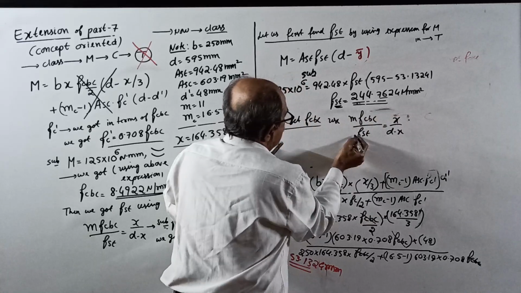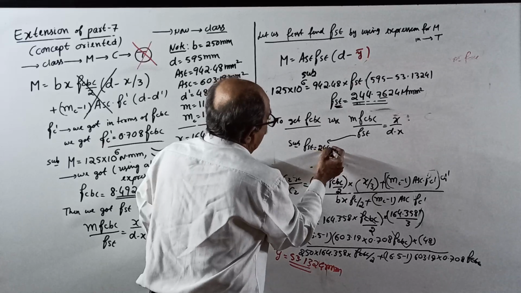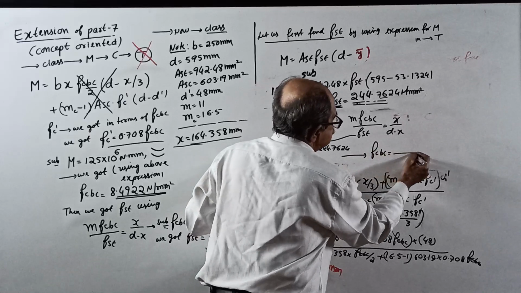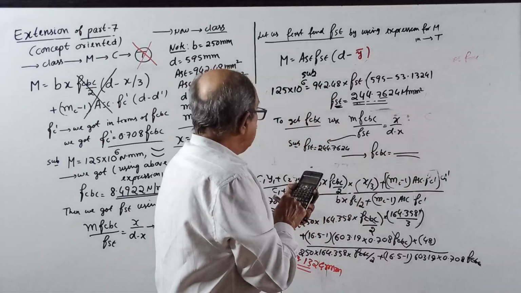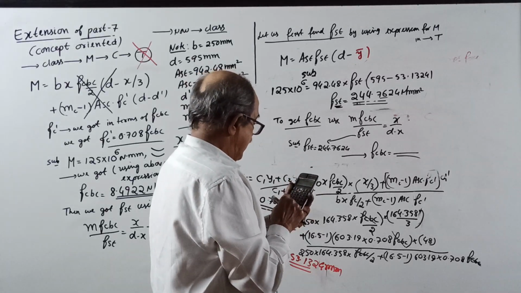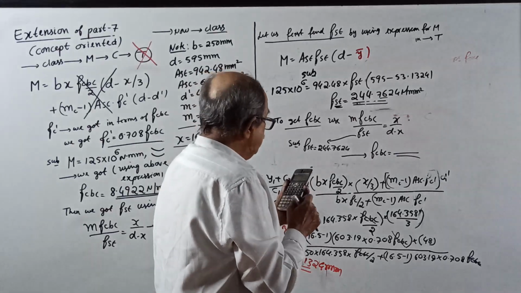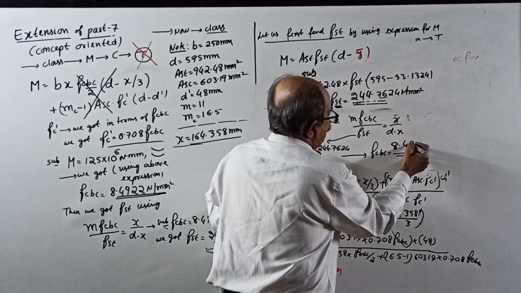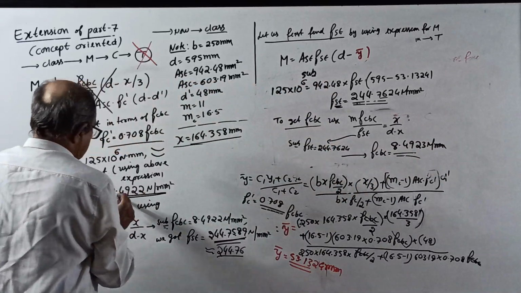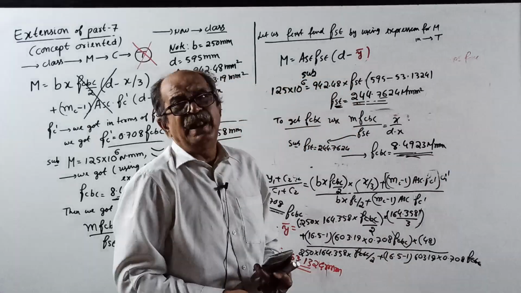Substitute FST equal to whatever you got, 244.7624, and you will get FCBC: 244.7624 into x divided by bracket 595 minus x, divided by 11, which is 8.4923 Newton per mm square. 8.493, 8.4922, 8.4923. Such small decimal errors are not a problem.